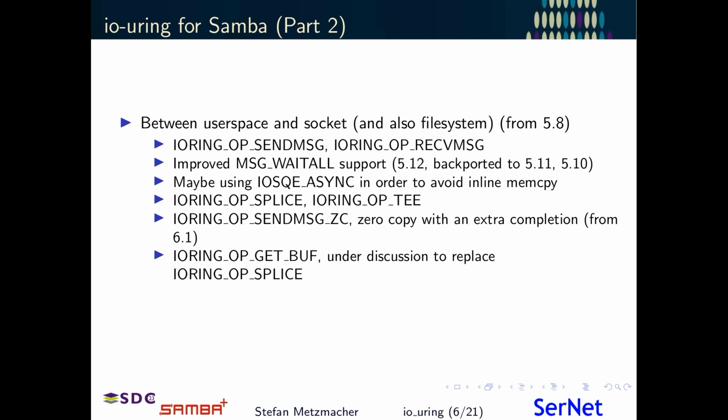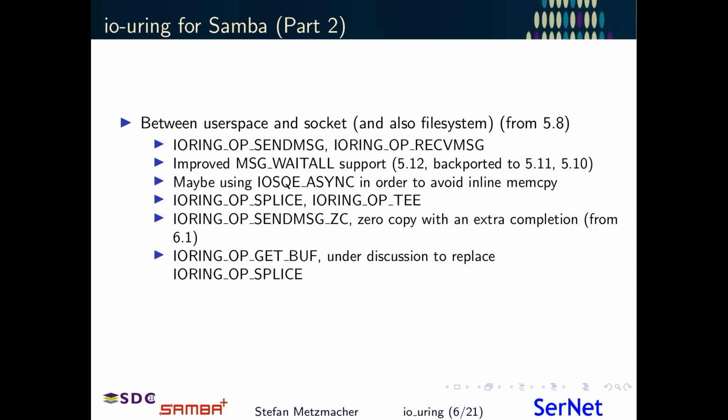Then we have splice and tee, which is basically the same as the syscalls. And relatively new in the 6.1 kernel, we have sendmsg with zero copy. That's basically similar to the sendmsg syscall, that uses a special flag MSG_ZEROCOPY.